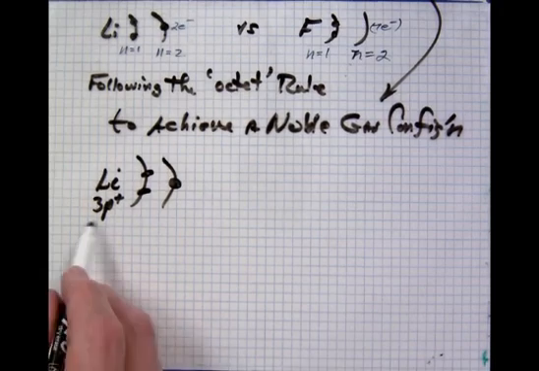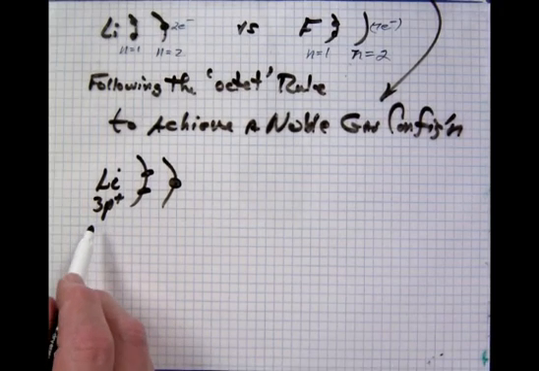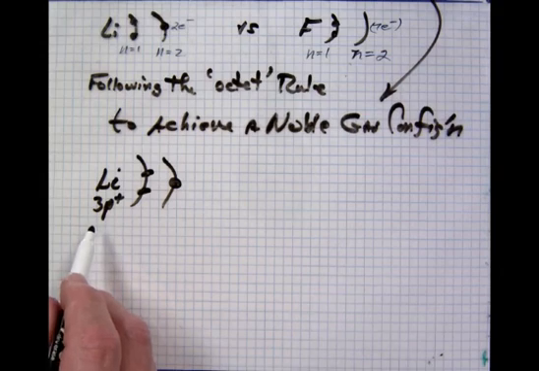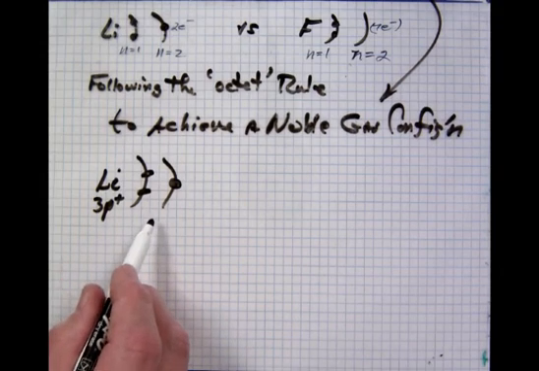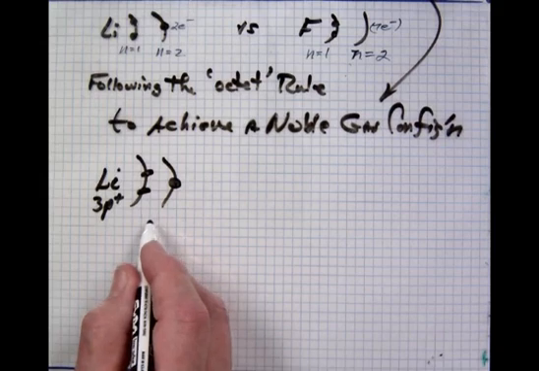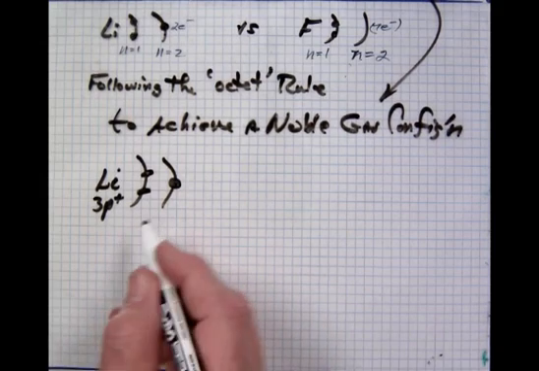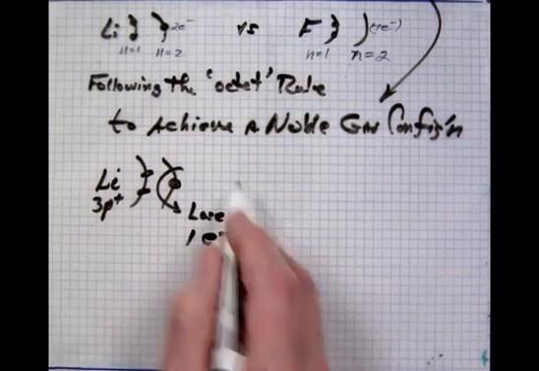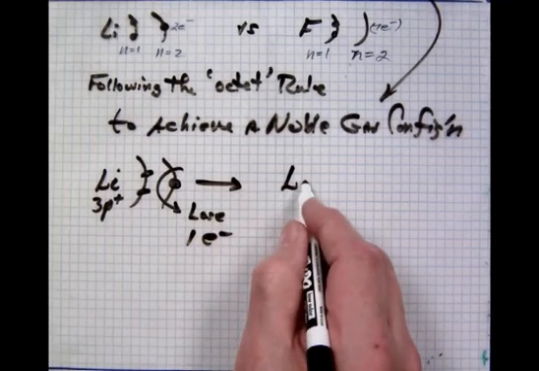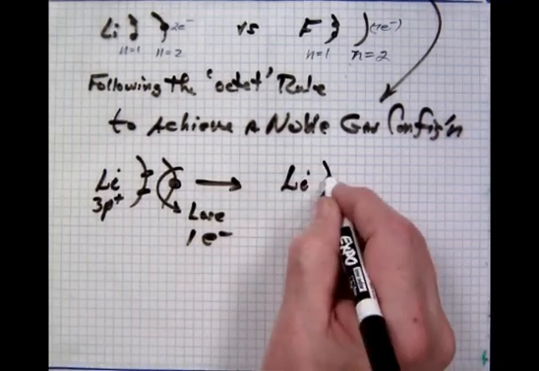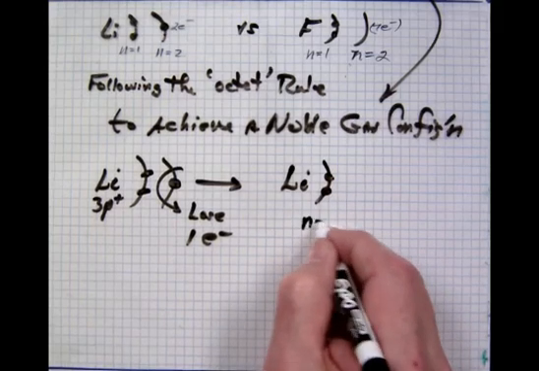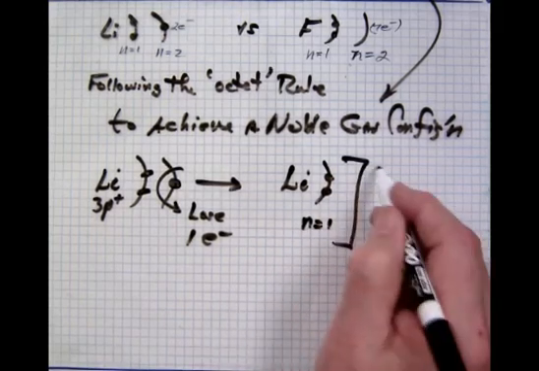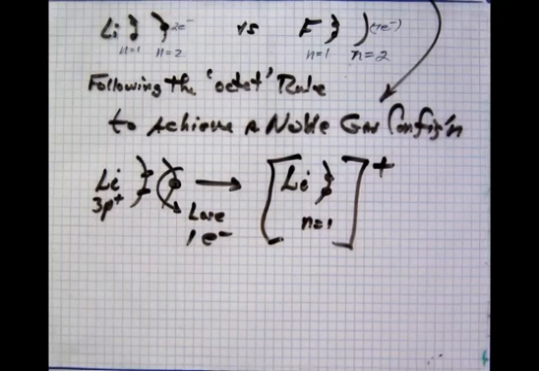It does not have enough protons, logically, to support gaining 7 electrons. So the path of least resistance would be to lose 1 electron and go to a lithium with just the n equals 1 orbital and have a positive charge.